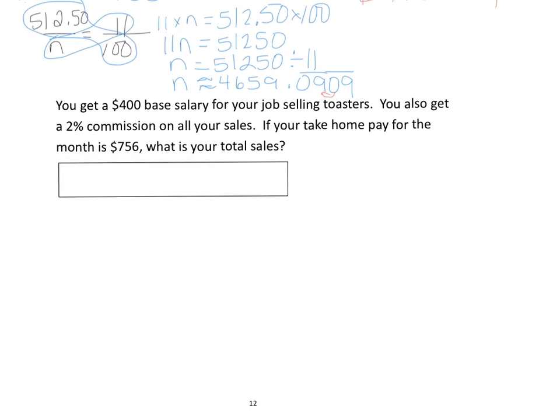Now for the last example on commission. You get a $400 base salary for your job selling toasters. You also get a 2% commission on all your sales. If your take-home pay for the month is $756, what are your total sales? We know this bar represents 100% of our sales.